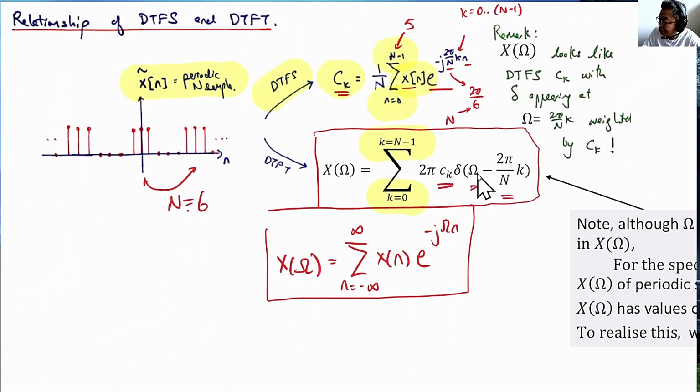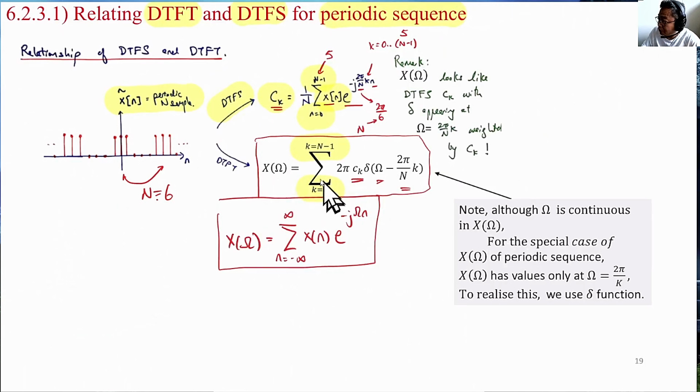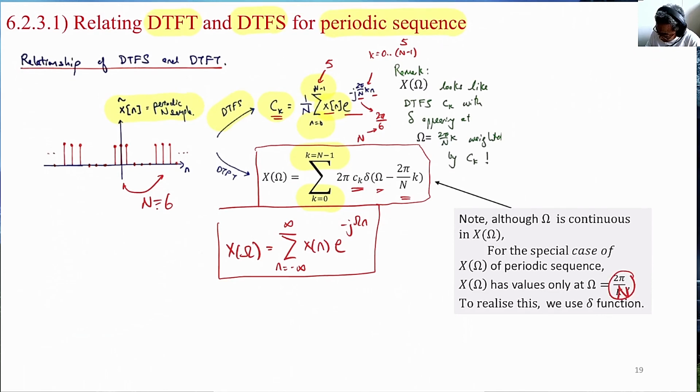And these different frequencies are exactly at 2 pi over N times k. This is the trick, because in the past we told you that X of omega is a continuous function. But the Fourier series told us that when the signal is periodic, we only need to use the harmonics at 2 pi over N times k.